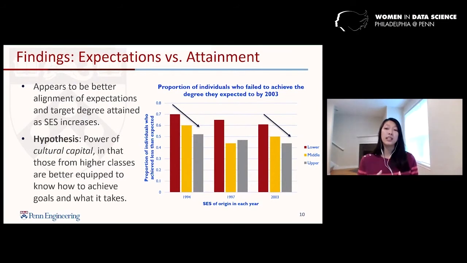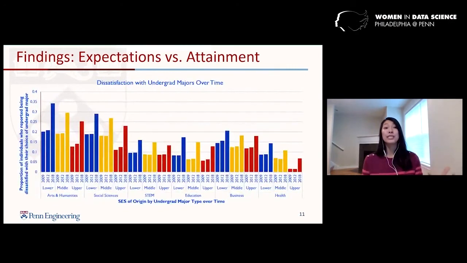So the hypothesis here is that the power of cultural capital is really strong, and that those from higher classes are better equipped to know how to achieve goals and what it takes, and even to know what their initial options were in the first place. Now, the same trend happens when we look at whether or not an individual is dissatisfied with their undergrad majors over time.